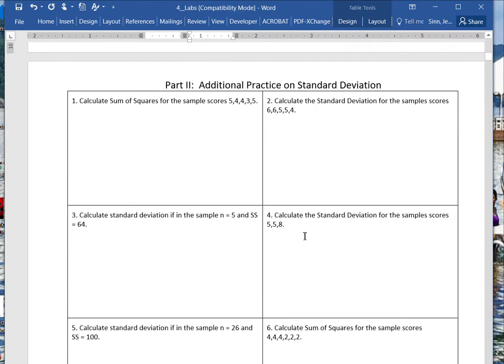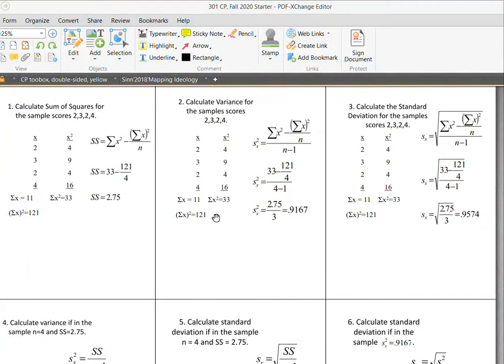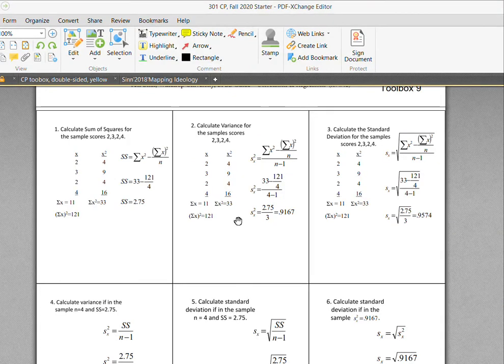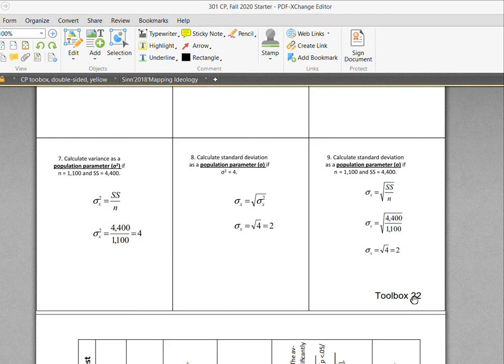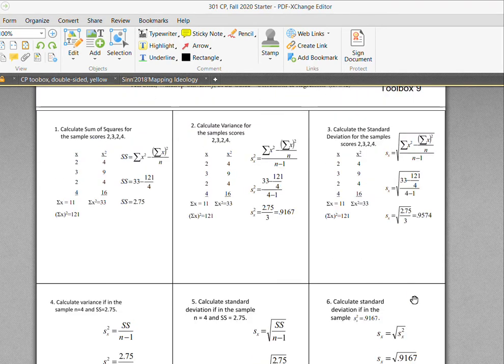Part 2, which might be out of order, but you're smart people, you'll figure that out, is just working some additional standard deviation problems. You will recall that you have at least 2 things that would be helpful with that. One, you have a page in your toolbox, around toolbox page 22, where I work through the different kinds of standard deviation problems that I might give you.